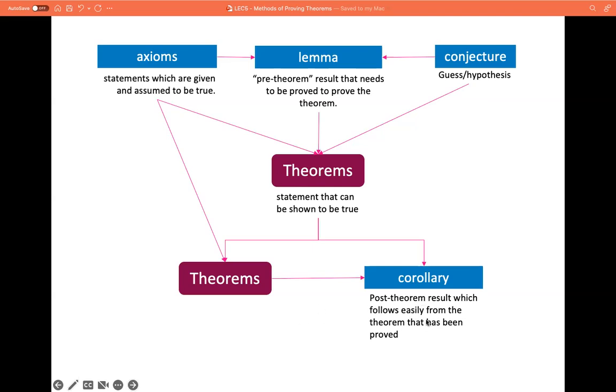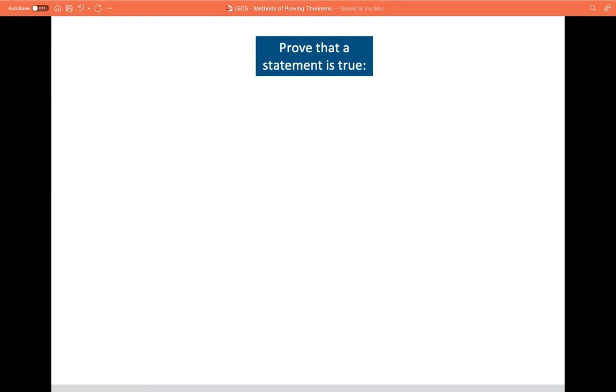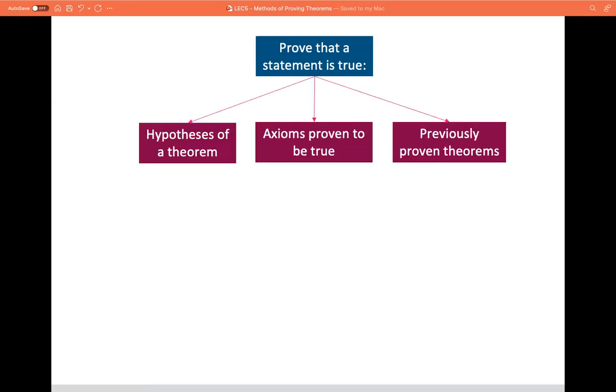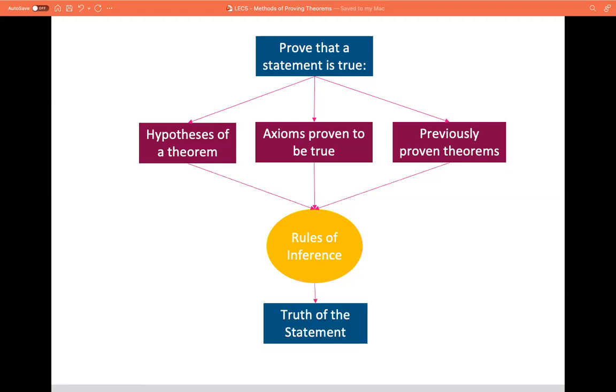Since these are already proven, there are some corollaries that are also proven. Again, if we want to prove that a statement is true, we can use the hypothesis of a theorem, the axioms that are assumed to be true, and previously proven theorems. With these ingredients as well as the rules of inference, we can deduce the truth of a certain statement.